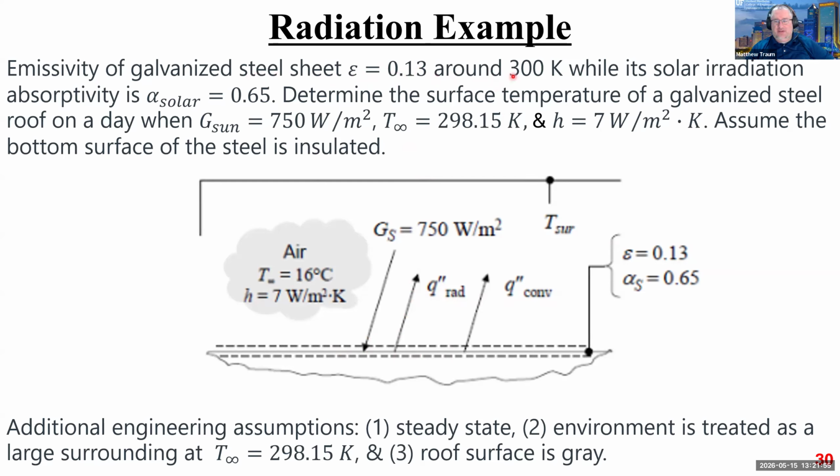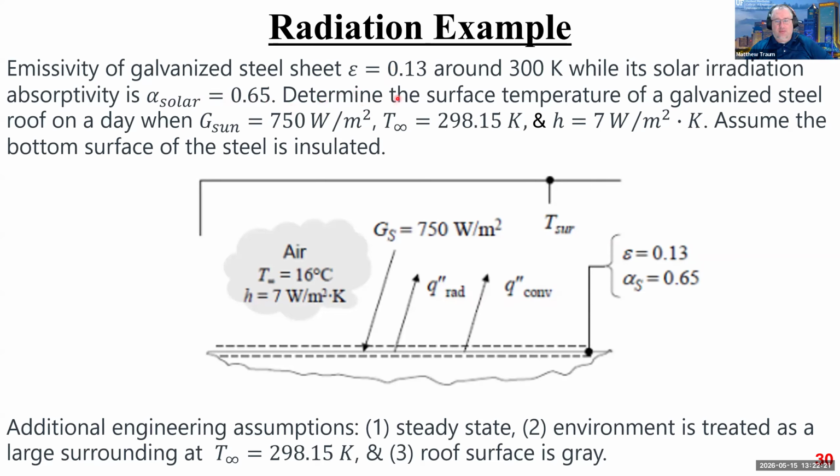Okay, so we have this emissivity, and we know that its solar irradiation absorptivity is 0.65. So this is one of those situations where emissivity and absorptivity are not the same. This is not a gray body, not the gray assumption. Those two numbers are different. If they weren't, the first thing that I would do is say, yes, absorptivity is also 0.13. But here the numbers are given, so we don't need to do that.